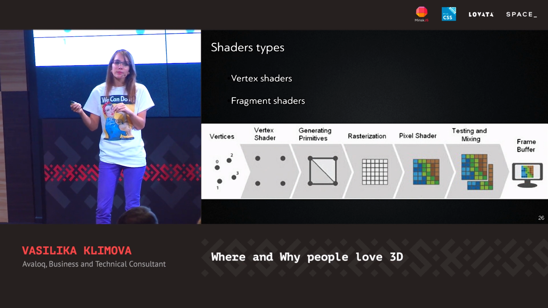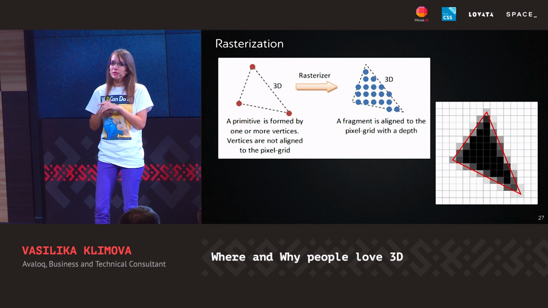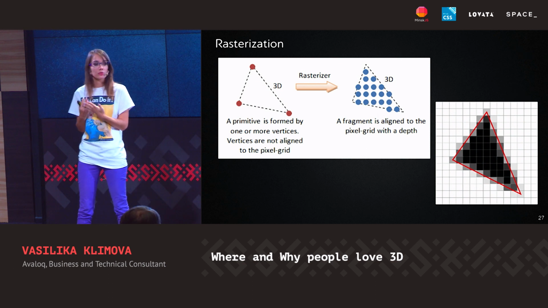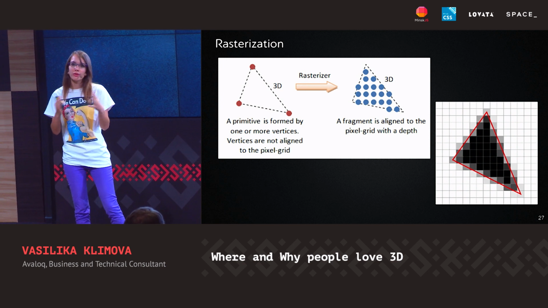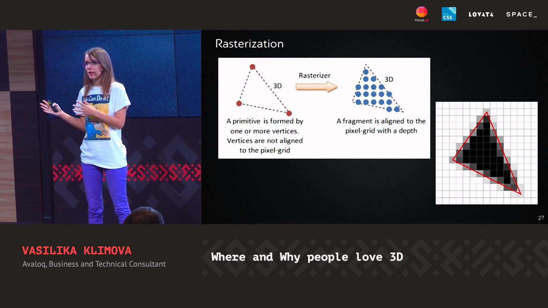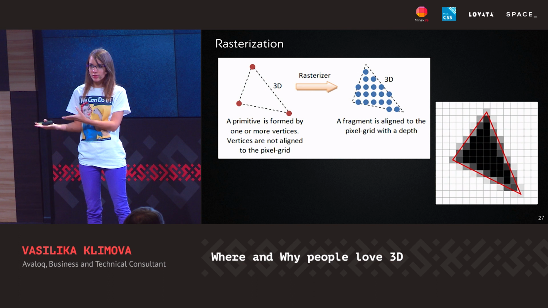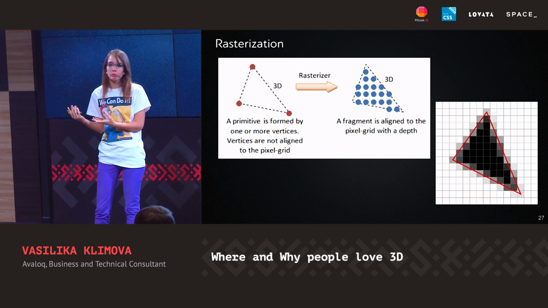And how it is working, we call it rasterization. When a vector object becomes rasterized, we see it in pixels.